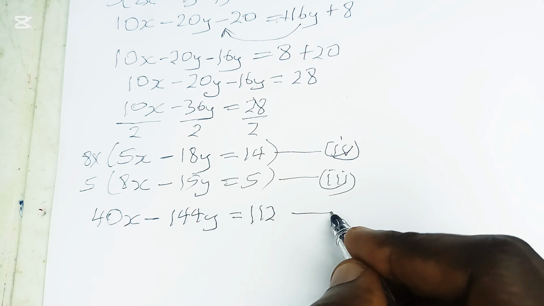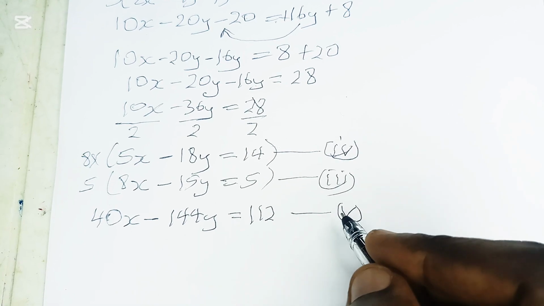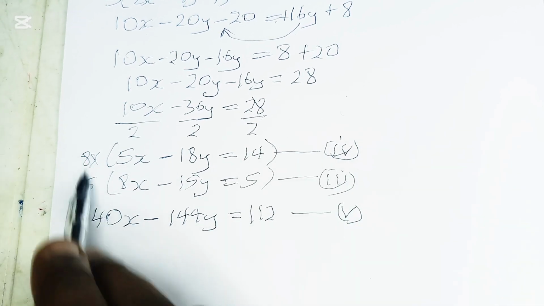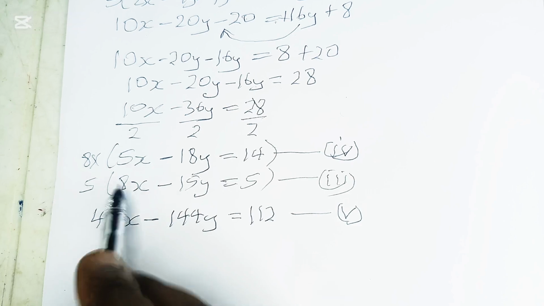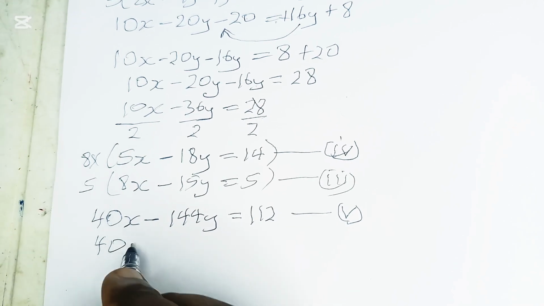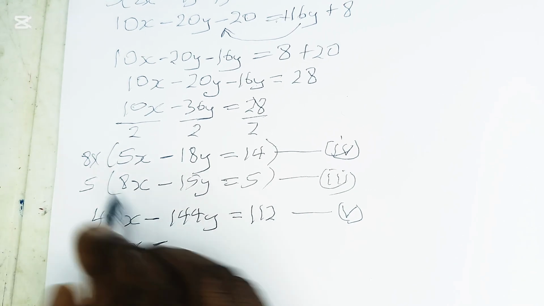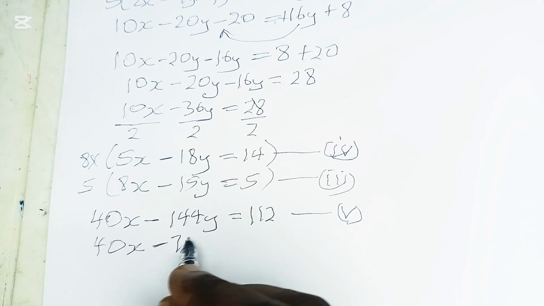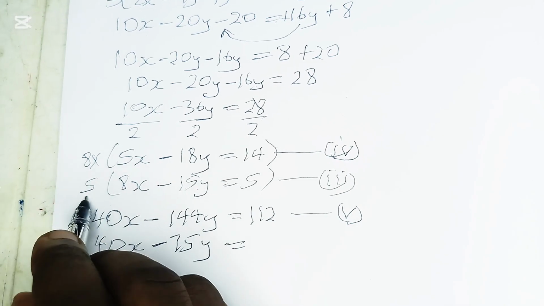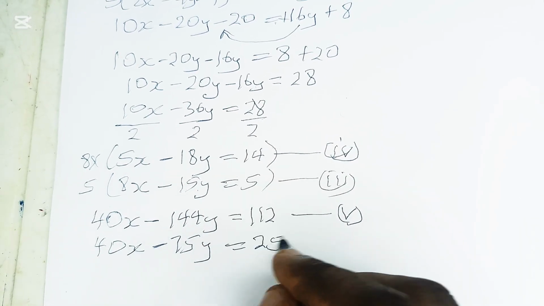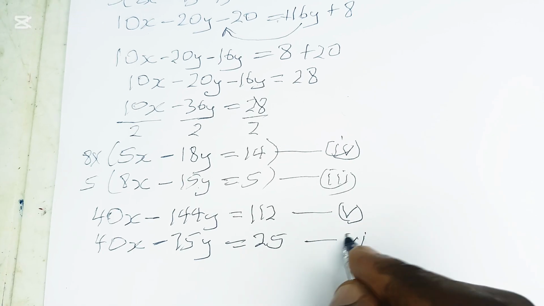This gives equation 5. So multiply 5 by 8. Here we still have 40x minus 5 times 15, that's 75y, is equal to 5 times 5, that gives 25. This gives equation 6.